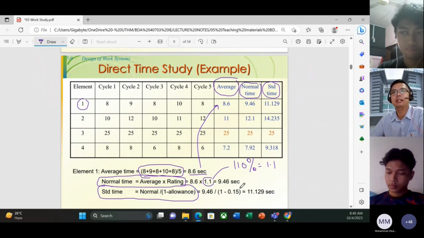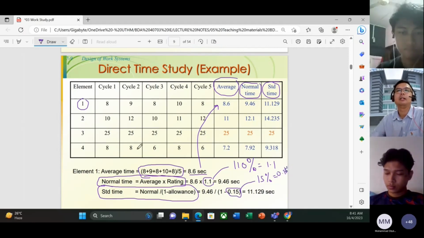So the allowance will be 0.5, meaning 50% from our question. So we get 0.5 here.